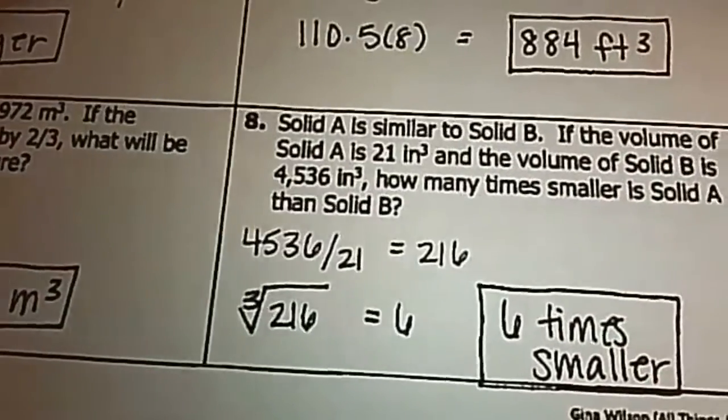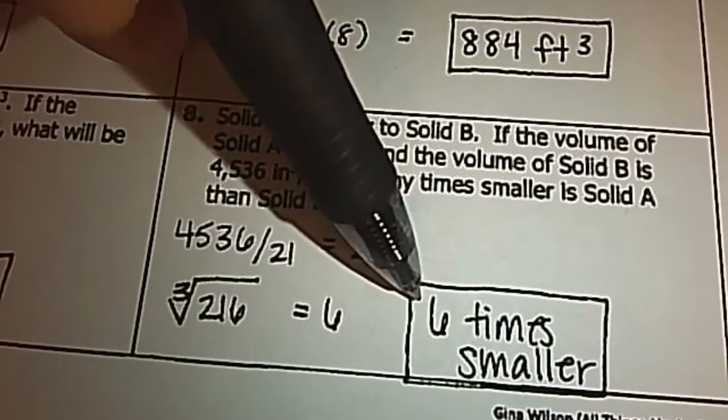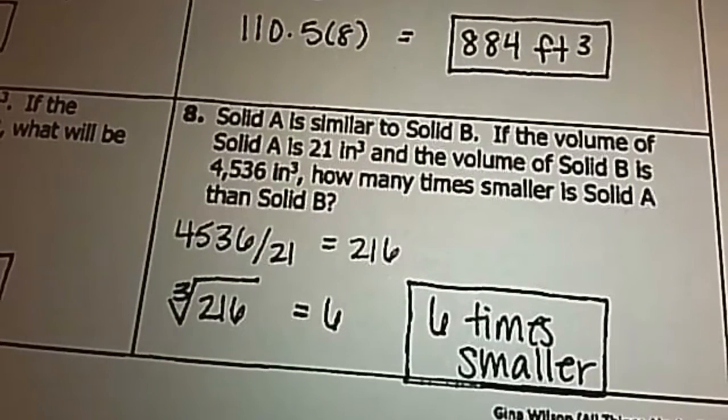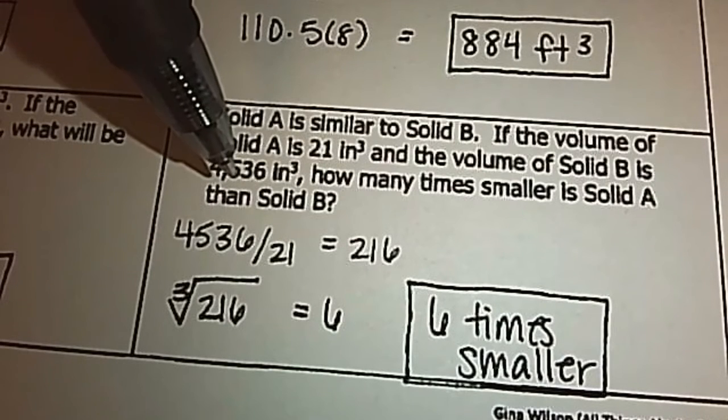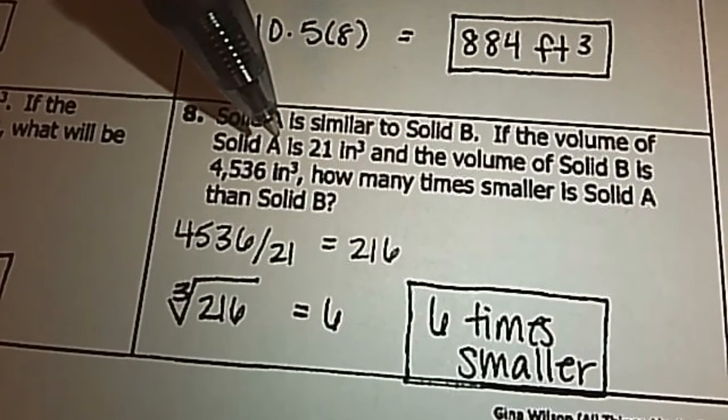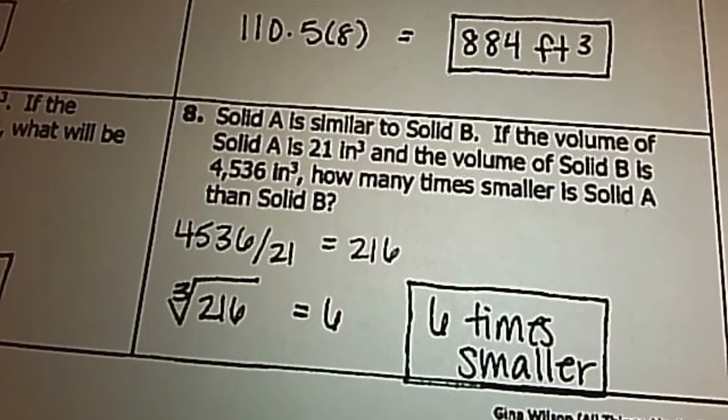So you know that this one is going to be 6 times smaller, okay, because you're reducing in size from the B to the A. It's going to be 6 times smaller.